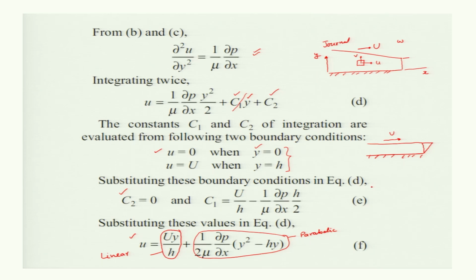In another case, the top plate was moving in the vertical direction and the bottom plate was stationary. Due to this movement, a pressure was developed and the velocity profile was like this.